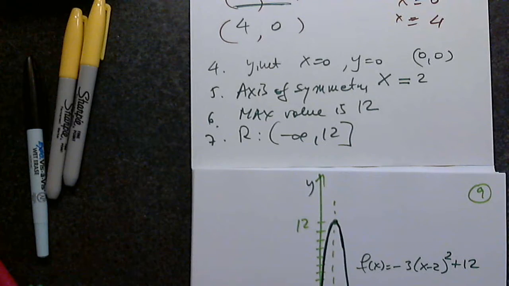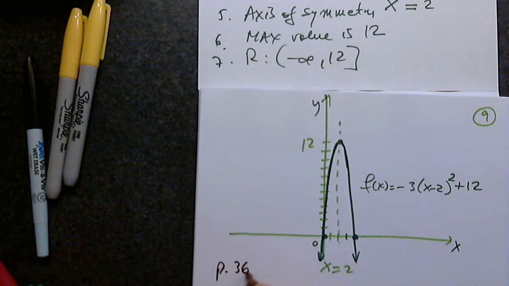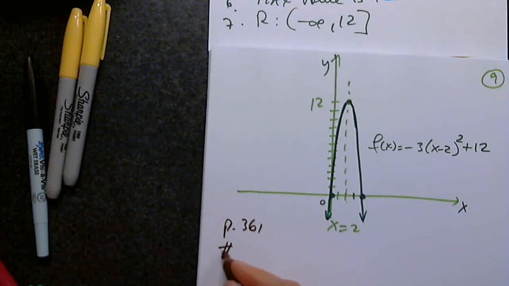Okay, so let's look at a word problem. Here it is on page 361, problem 60. A ball is thrown upward and outward from a height of 6 feet.